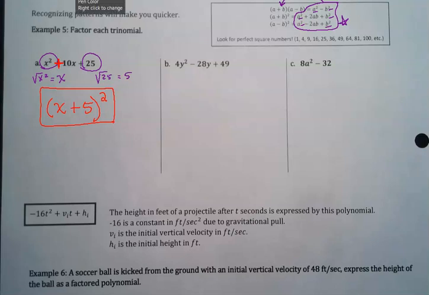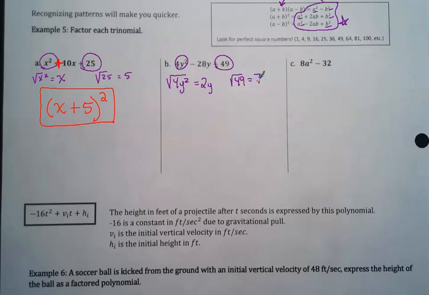Then on the next one, we're always looking for squares. Always. So is there a square root of 4y squared? Yeah. The square root of 4 is 2. The square root of y squared is y. Is there a square root of 49? Yes, it's 7.